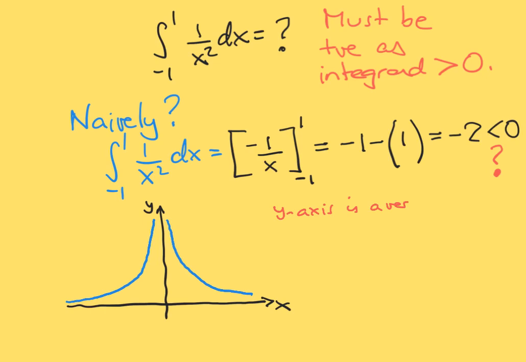And we also see that x is 0 is not an allowed value that you can put into this function 1 over x squared, and we say that x is 0 is not in the domain of f of x is equal to 1 over x squared.